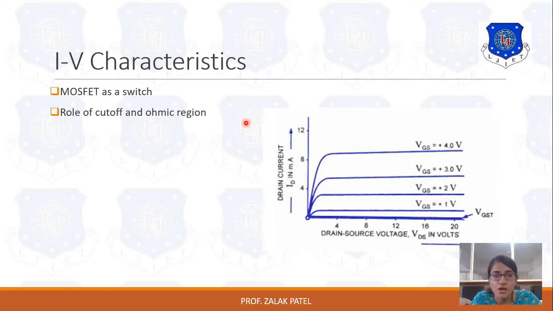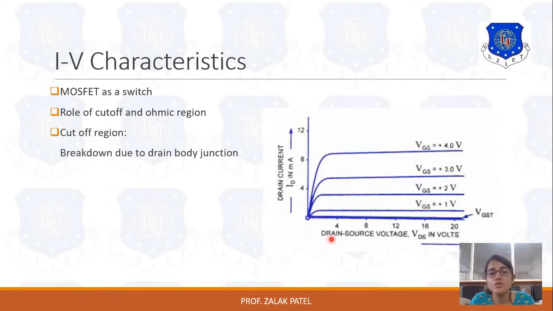Now this last region is the cutoff region. For the cutoff region, breakdown due to the drain to body junction will occur, and due to that a very small amount of drain current, almost ID equal to 0, is flowing through this region.